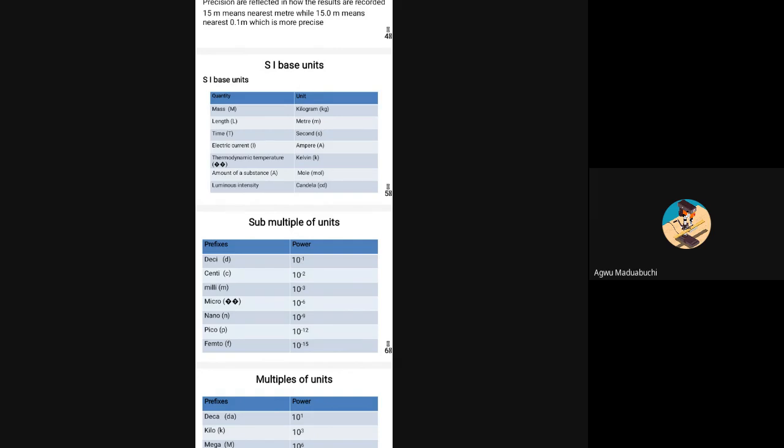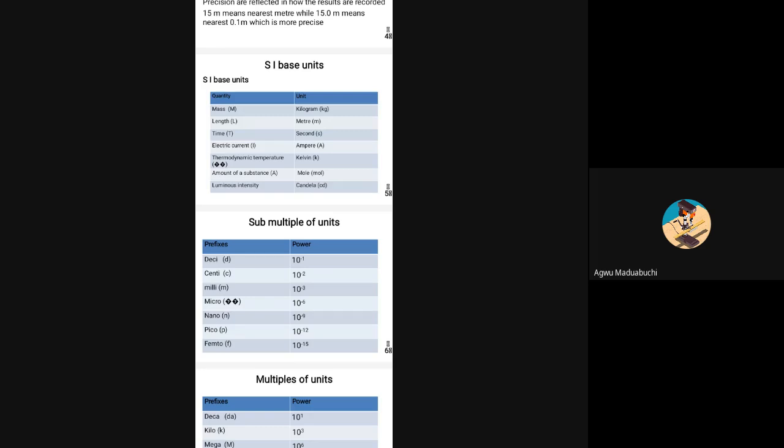SI base unit, quantity and unit: mass M equals kilogram, length L equals meter, time T equals seconds, electric current is in amperes, thermodynamic temperature is in Kelvin, amount of substance A is in mole, luminous intensity is in candela.